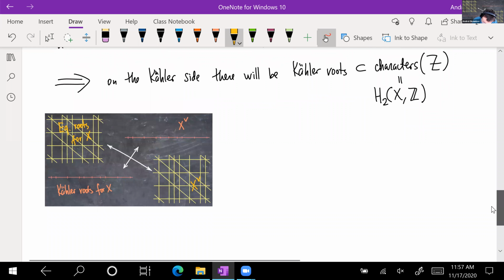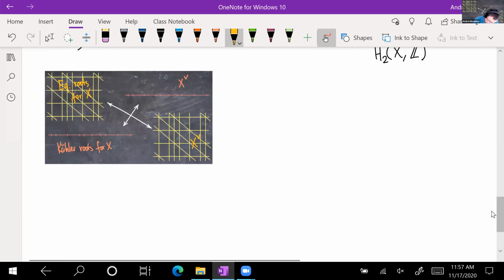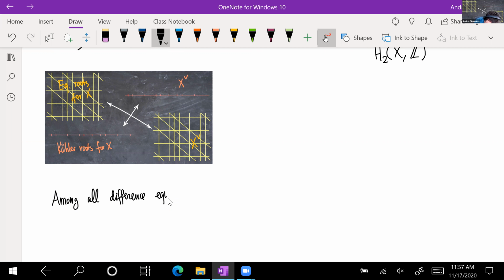So going back to the equivariant roots, now among all different equations in equivariant variables, we want to find QKZ.